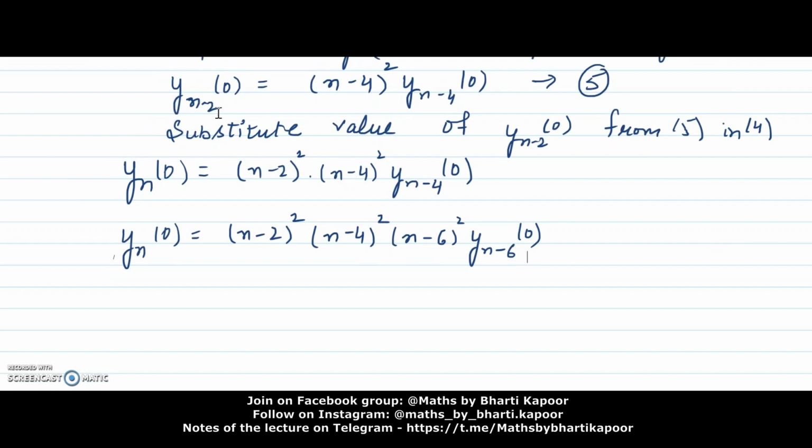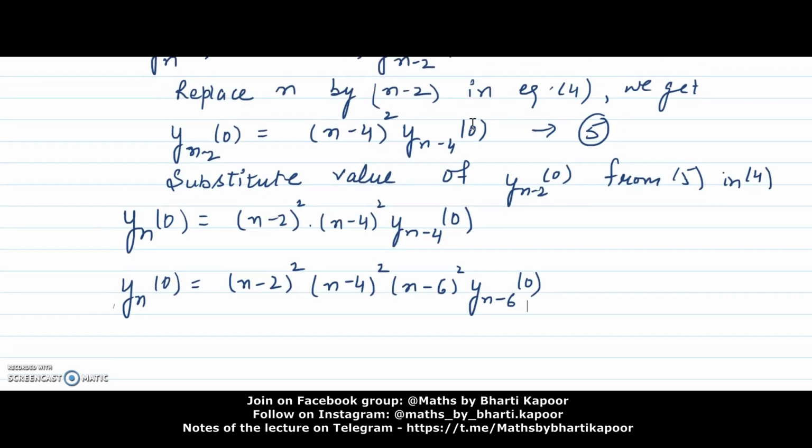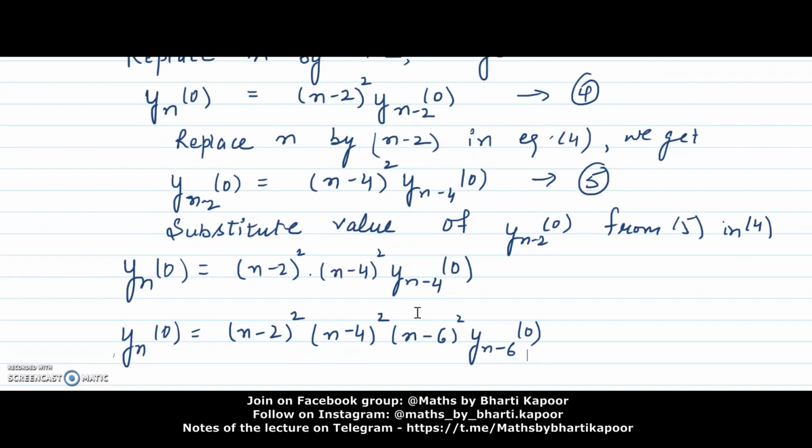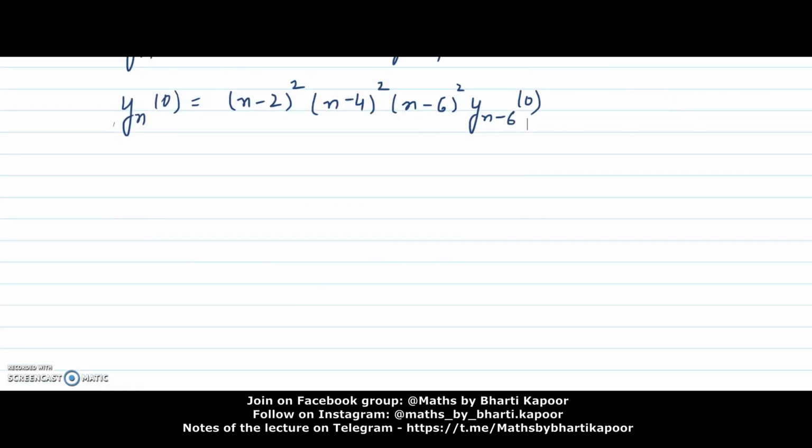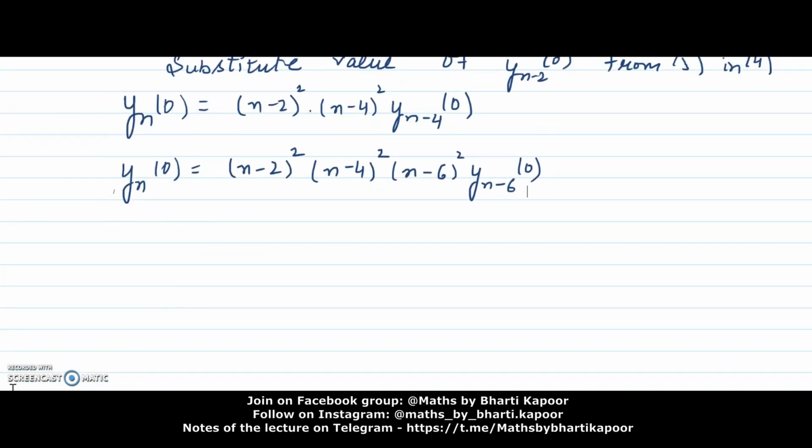It will be yn minus 4 0 equal to n minus 6 whole square into yn minus 6 0. So when you substitute that value of yn minus 4 0 again, you will get n minus 6 whole square into yn minus 6 0, and so on.